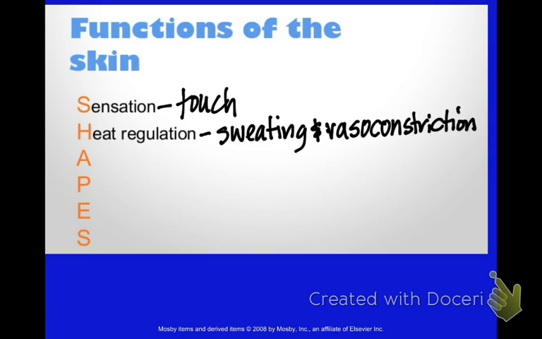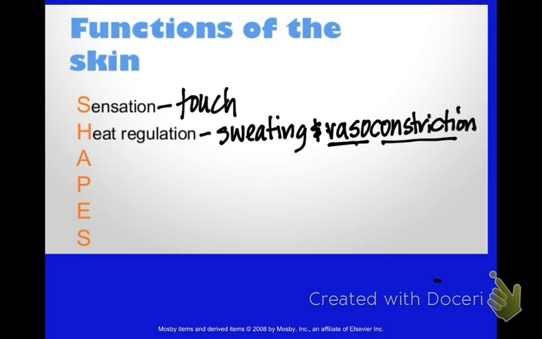Vasoconstriction, that's a big word. Vaso meaning blood vessels. And constriction, what does to constrict mean? To squeeze, like a boa constrictor. It doesn't have venom, it squeezes its prey. So vasoconstriction is that the diameter of the blood vessels in your skin decrease, and that's when you go pale. You decrease the blood flow to your skin. This also happens when you're really frightened.